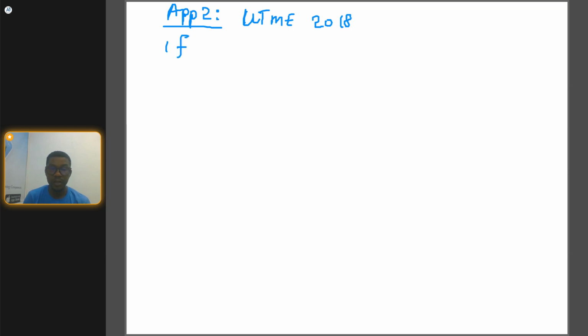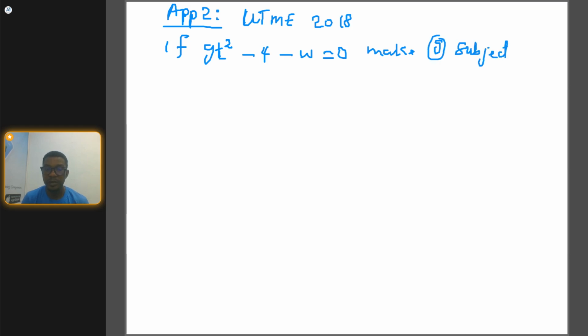If gt squared minus 4 minus w equals 0, make letter G the subject of the formula. All right, make letter G the subject of the formula.